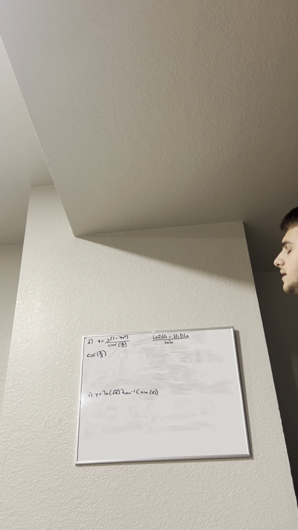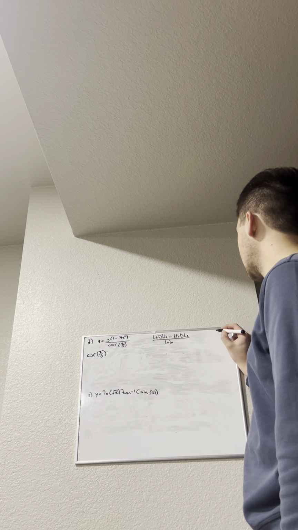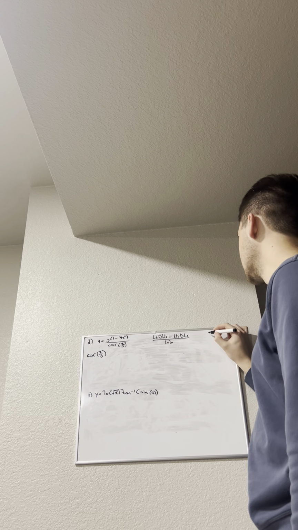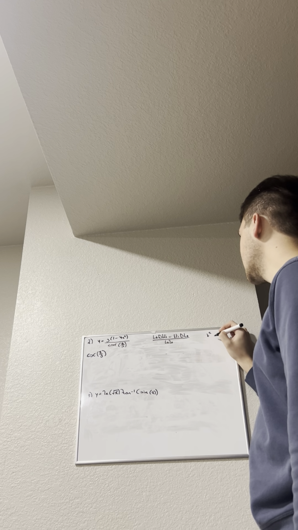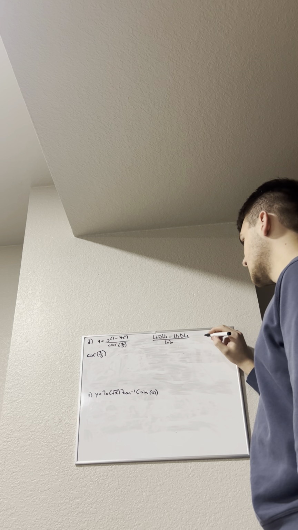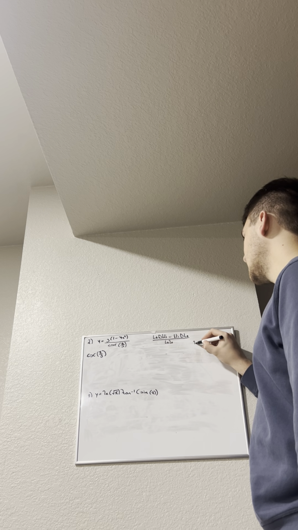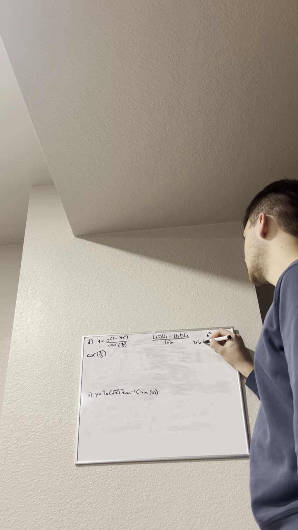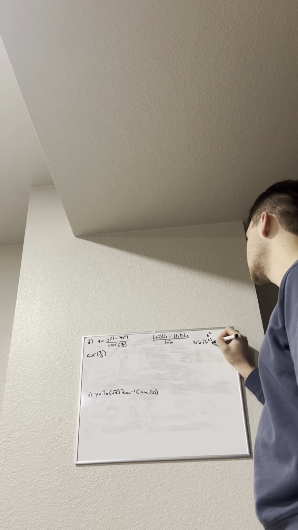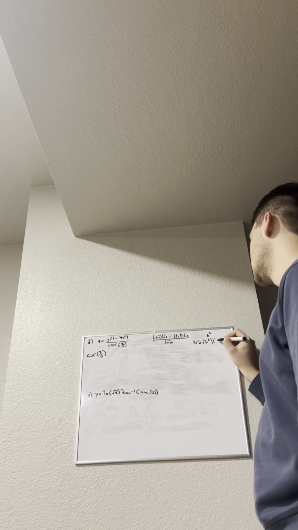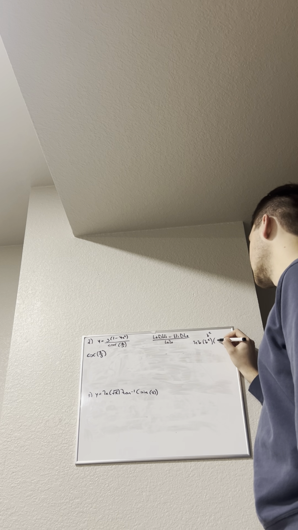Whenever you have a term that has a function as an exponent, for example b to the x, the rule is always going to be ln of b times b to the x times the derivative of x, or x prime.